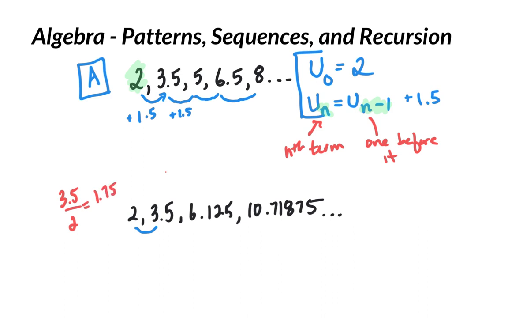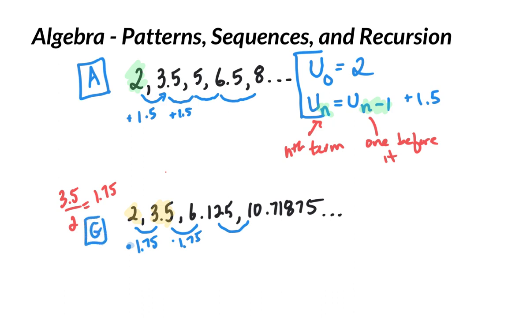Like, literally just take the second number and divide it by the first and say, well, what did I multiply by? And now we say, okay, we multiplied by 1.75. Is that consistent? And if you check with your calculator, it is. We just multiplied by 1.75 to get from one term to the next. That is our pattern. So this is what's called a geometric.